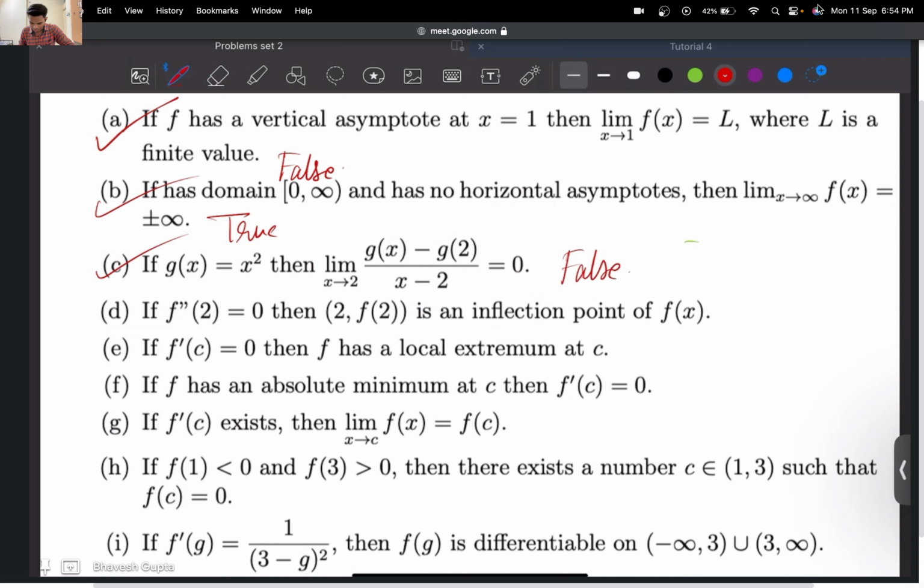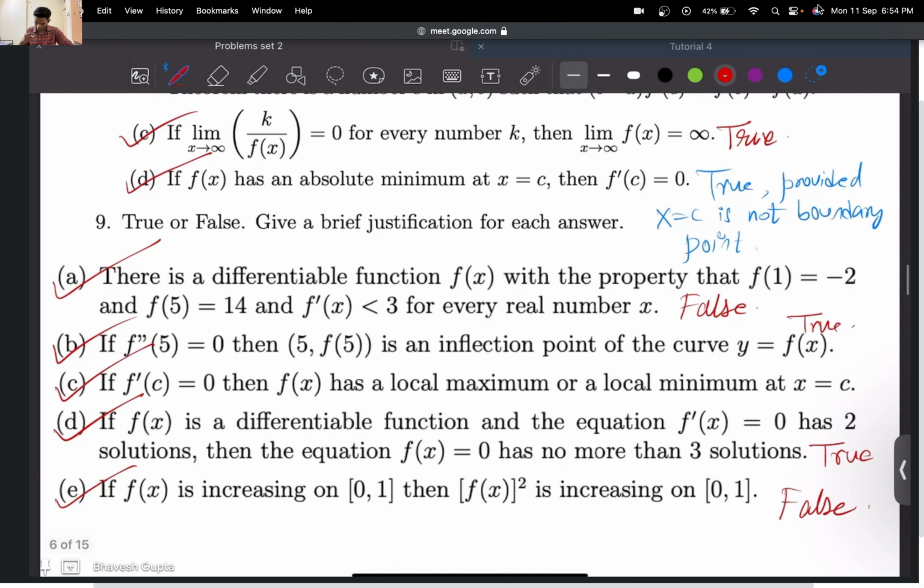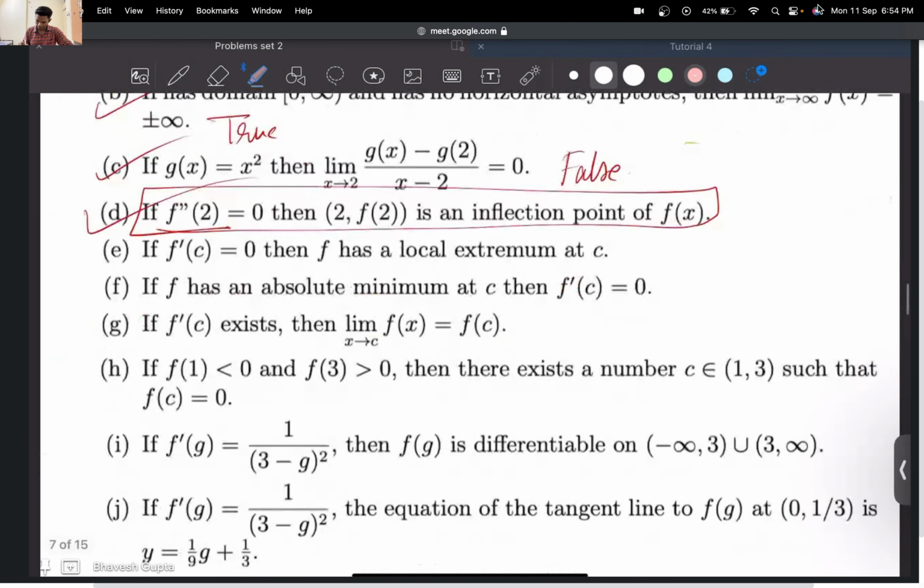And if you check out the D condition, if the double derivative at 2 is 0, then this is an inflection point. Yes, that's true. We just had a similar question above, where we had this over here, the B part. Same question, again repetition.